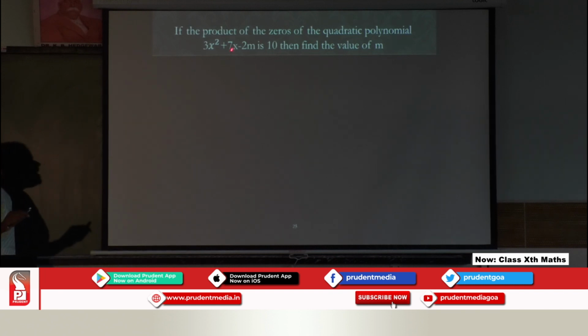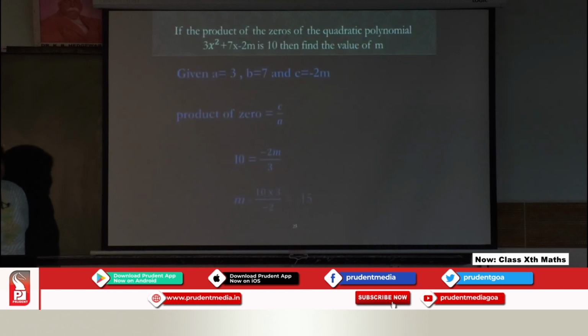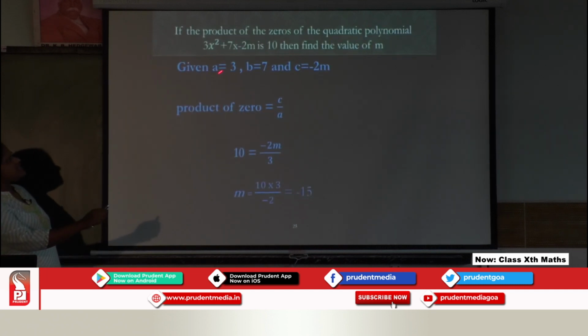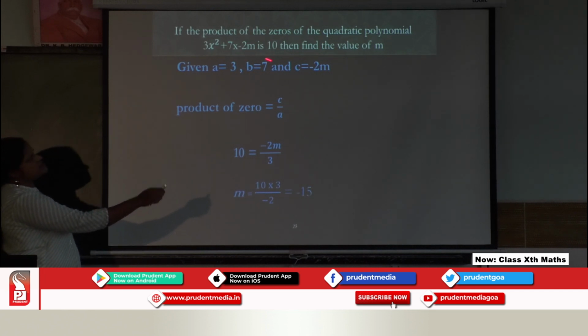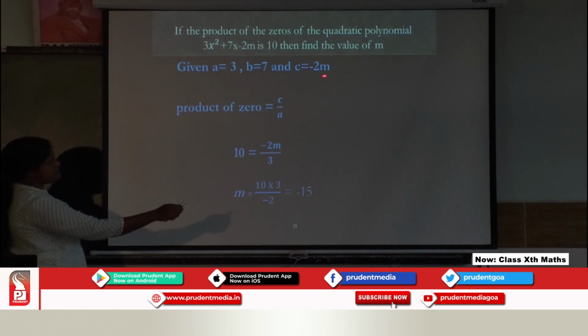You have to only identify the value of this m, which is placed in the last term, that is the constant. Okay? So, first what we will do is identify a, b and c. A is 3, b is 7 and c is negative 2m. Please consider the entire term, negative 2m.